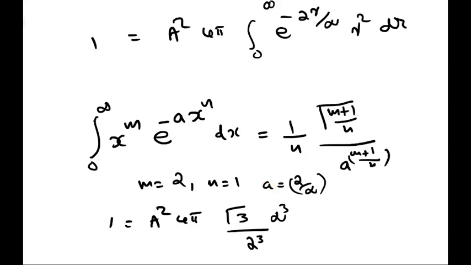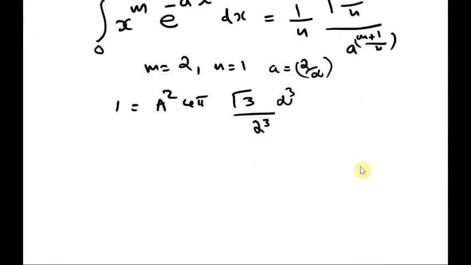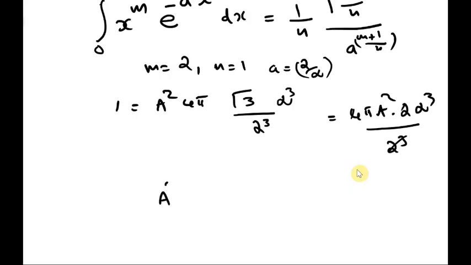Gamma 3 is nothing but 2 factorial, that is 2. So 4 pi A squared into 2 alpha cube divided by 2 cube. This 2 cube and this will cancel. You get A squared as 1 by pi alpha cube, or A is equal to 1 by root pi alpha cube.